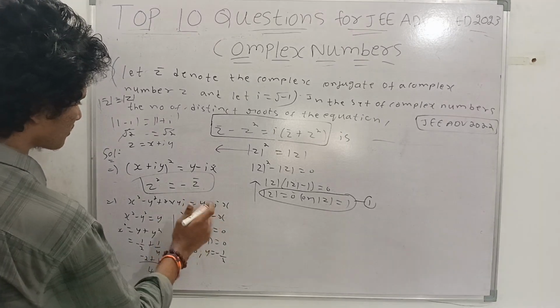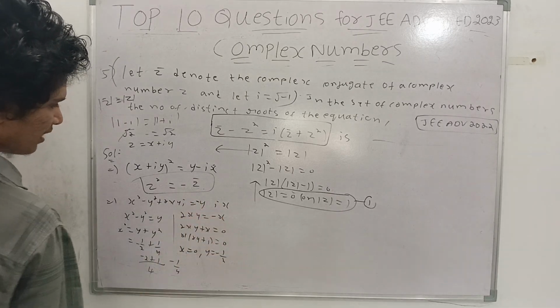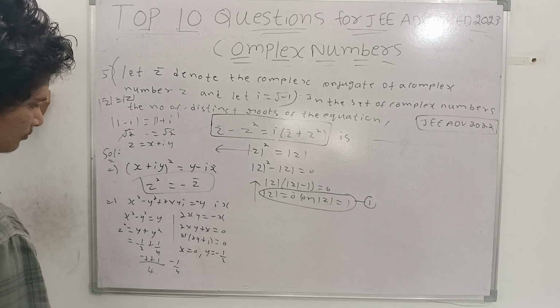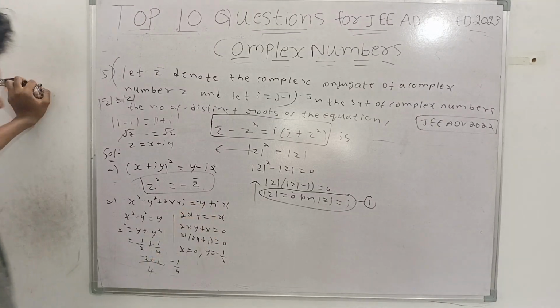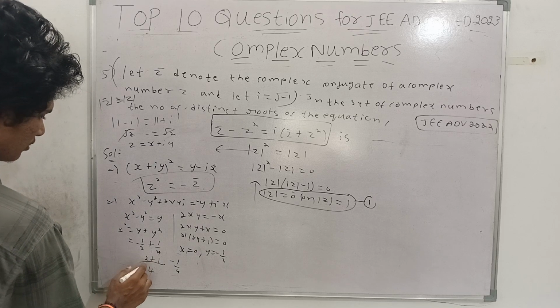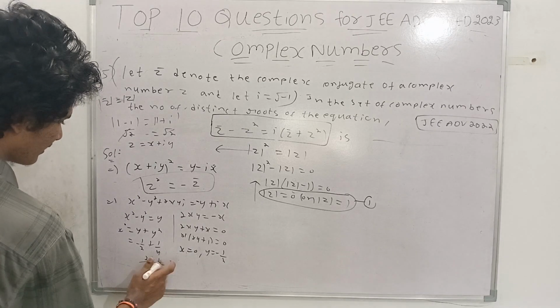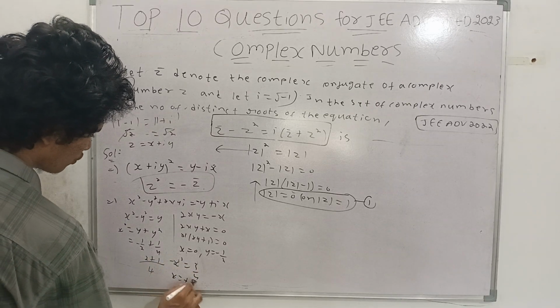Sorry, here it is minus y and again minus y plus ix it is. So here you can get x square equal to 3 by 4, x equal to plus or minus root 3 by 2.